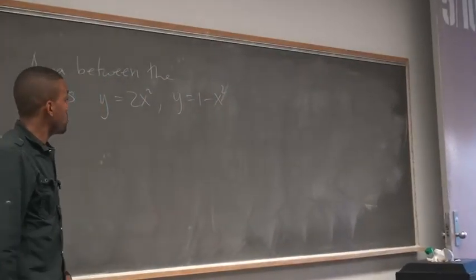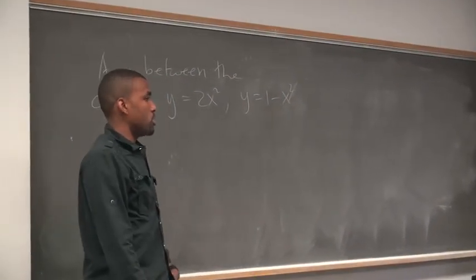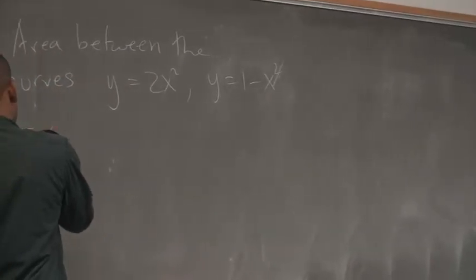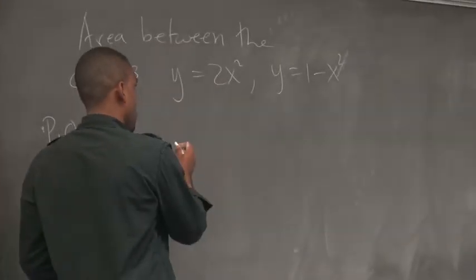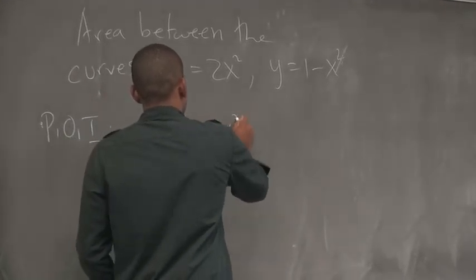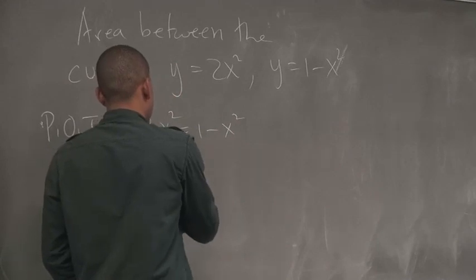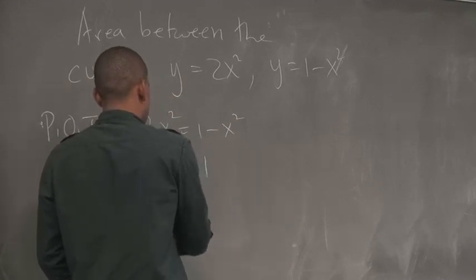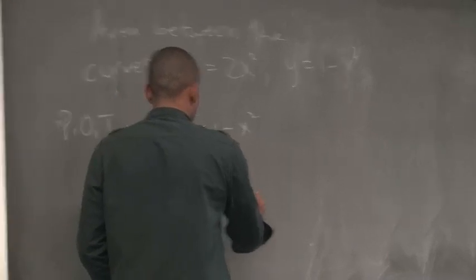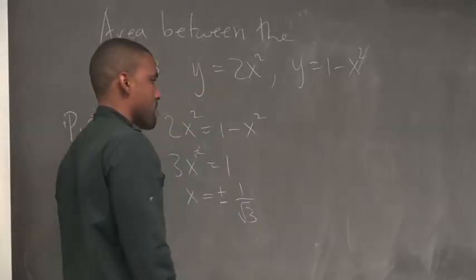First, you have to find the points of intersection. How do you do that? You set the two equations equal to one another. What do you write? So 2x squared equals 1 minus x squared. Rearrange the equations so that you have everything on the same side. So x would be plus or minus 1 over radical 3, right?